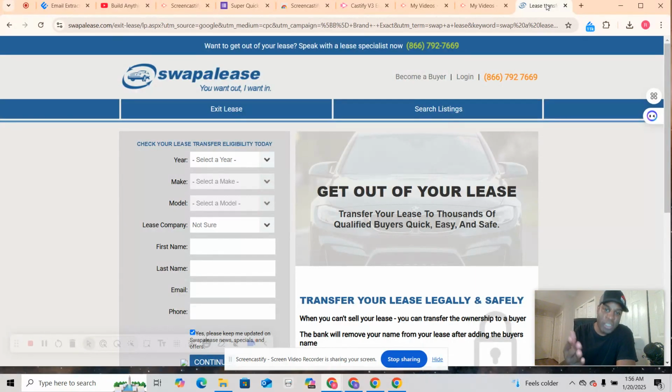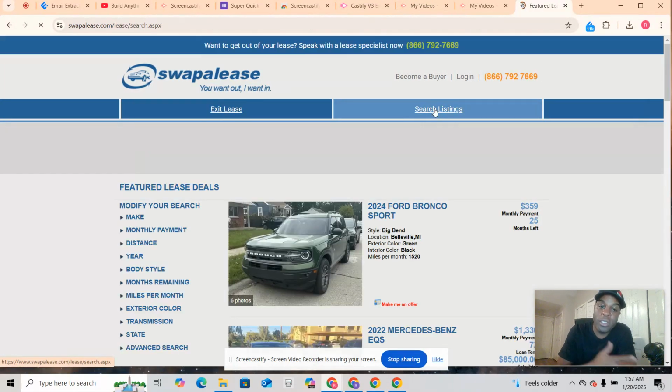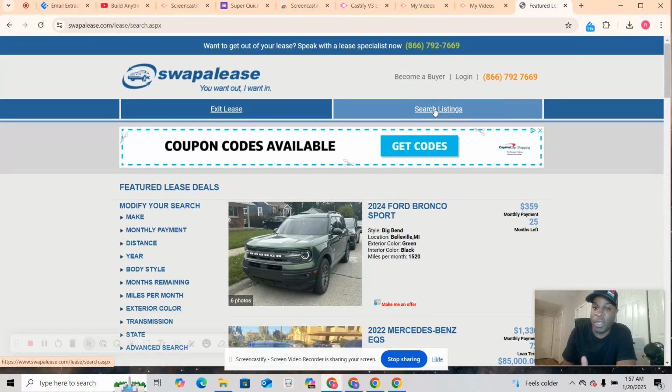I'm sharing my screen right now, and we are on Swap a Lease. What you want to do is go to Swap a Lease. Swap a Lease is a website where, when someone wants to get out of their lease, they post their car here and tell you the payments.